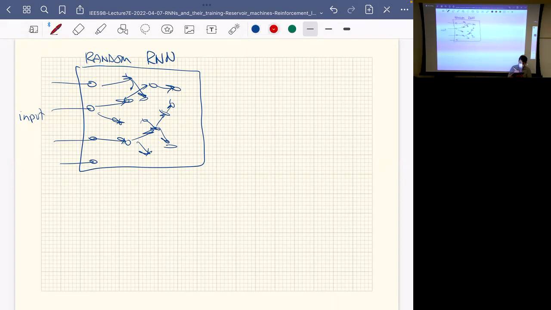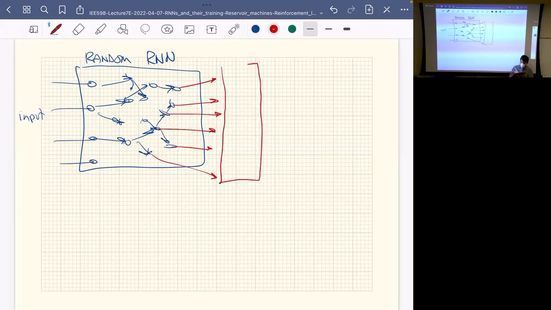So you can take these as outputs, maybe some of them or maybe all of them, and these become the X feature vector for the single hidden layer network, which produces that output.